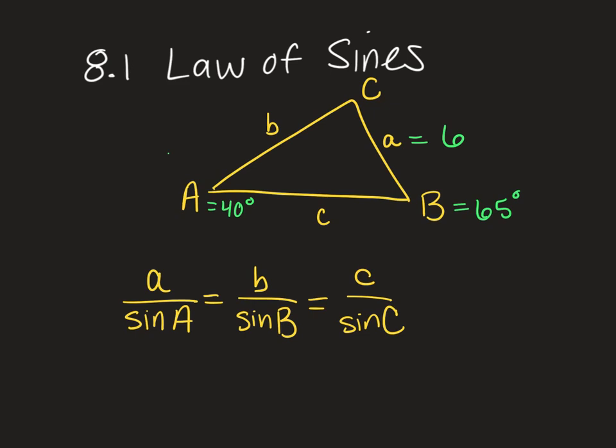Can we use the Pythagorean theorem? No, it's not a right triangle. We know that there's 180 degrees in a triangle, so we can do 180 minus 40 minus 65 to get that angle C is 75 degrees.